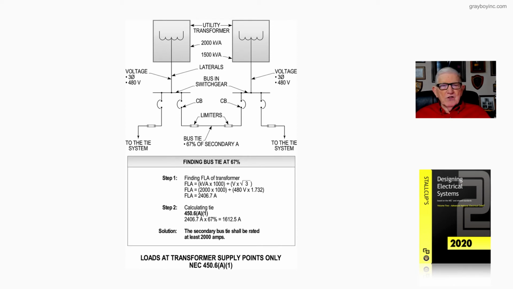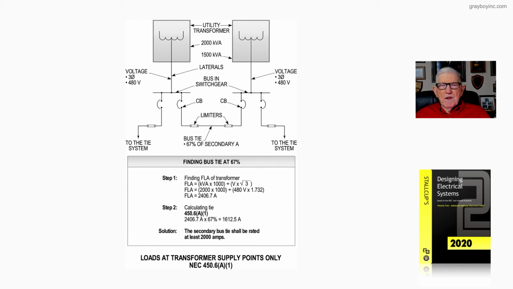And notice in step one, we determined the output of the transformer by finding the full load amps of the 2000 kVA transformer. FLA is equal to kVA times 1,000 to get it into volt-amps, divided by the voltage times the square root of 3.